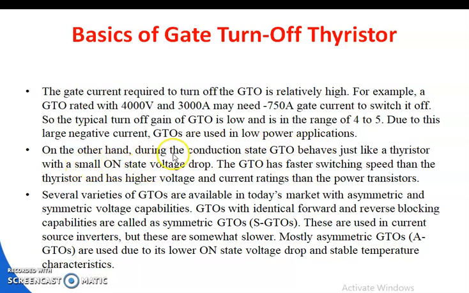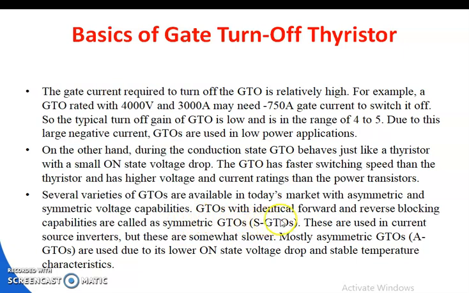During the conduction state, the GTO behaves just like a thyristor with a small on-state voltage drop. The GTO has faster switching speed than the thyristor and has higher voltage and current ratings than power transistors. Several varieties of GTOs are available in today's market with asymmetric and symmetric voltage capabilities.